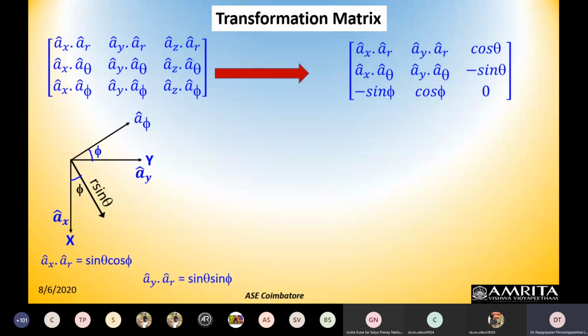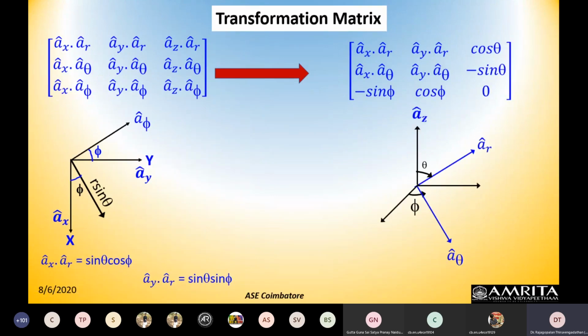So again, it is a projection of a projection on the xy plane. So here there is a cos theta component on ax hat and a cos theta component on ay hat. Therefore, ax hat with a theta hat will be cos theta cos phi, while ay hat with a theta hat will be cos theta sin phi. Okay, so that is how this relationship is pulled out.